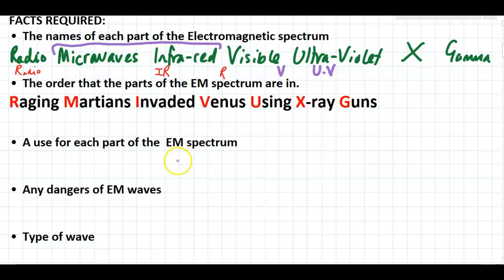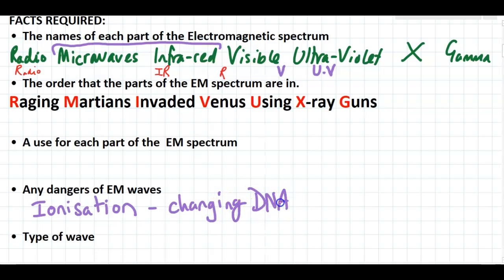When we're talking about dangers, the thing that we mostly think about as a danger is ionization. That means changing the molecules in your DNA. And that can cause mutations, damage your cells, and increase the risk of developing cancer.